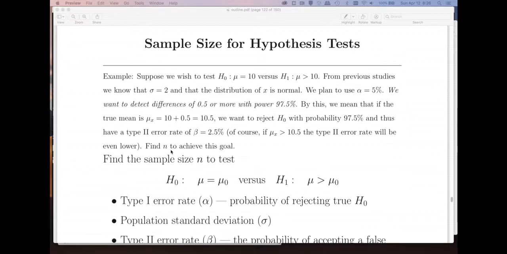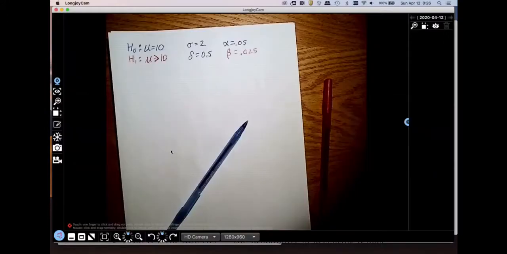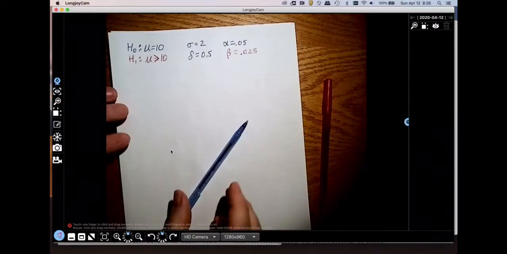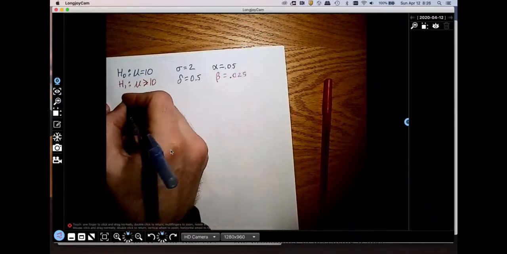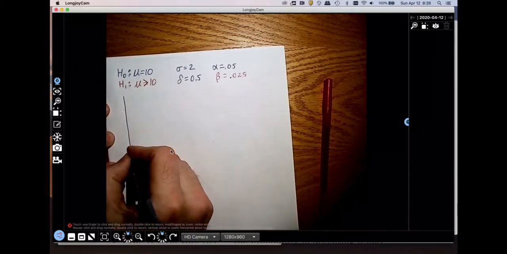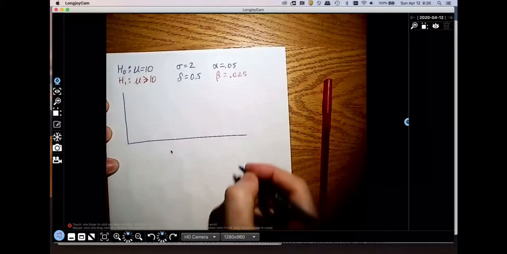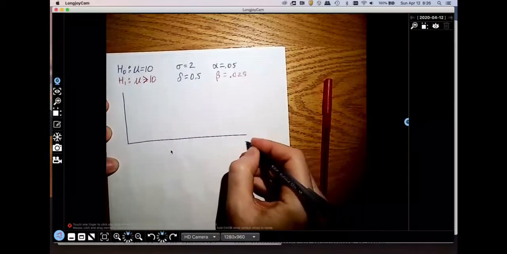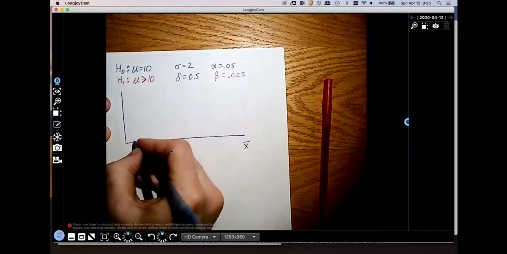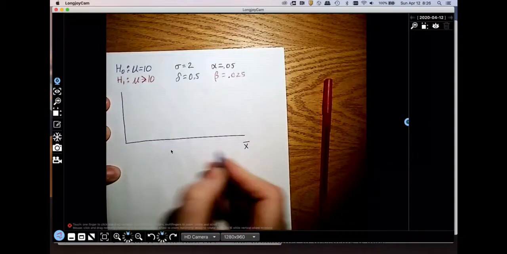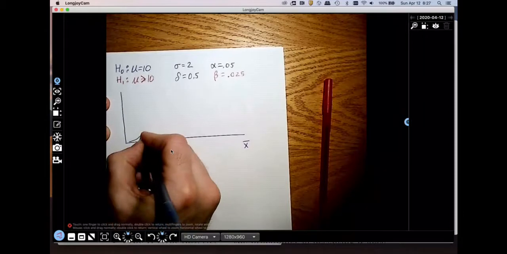So I want to go over to my document camera and draw a picture that I think will make all of this very clear. So here's the picture that I want to draw. I'm going to draw the sampling distribution of x bar. And so under the null hypothesis, the sampling distribution of x bar is going to be normal.